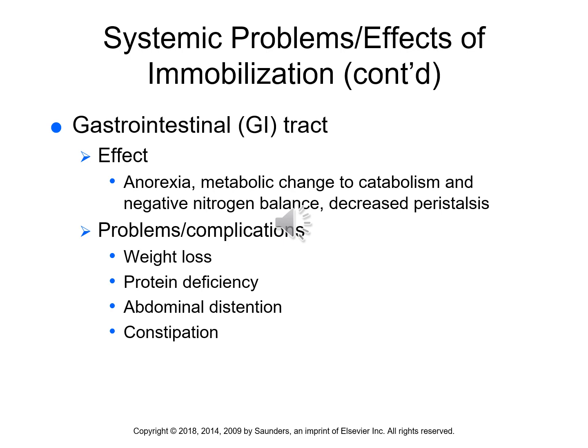And decreased peristalsis, so things stop moving in the gastrointestinal tract. If you have decreased peristalsis, that increases your risk for constipation. If you're constipated, you have abdominal distension. If you're not eating, you're going to have weight loss and protein deficiencies as a result.